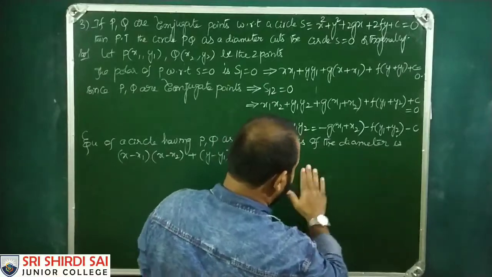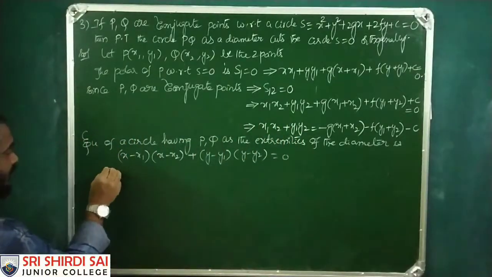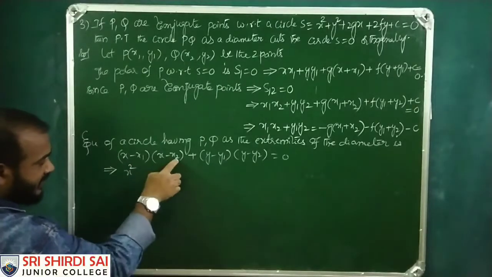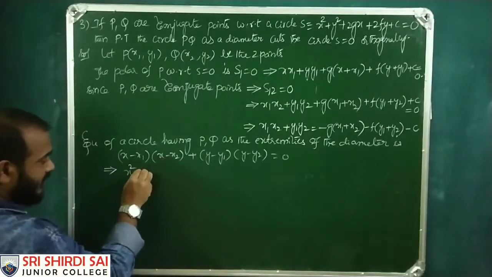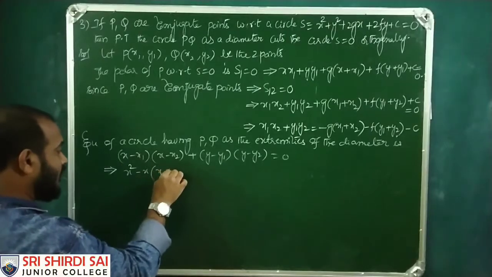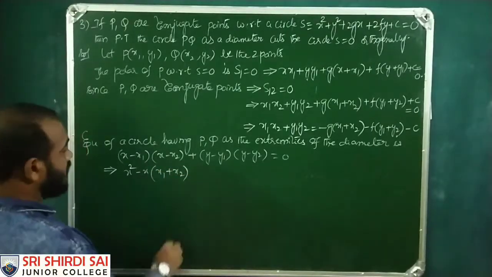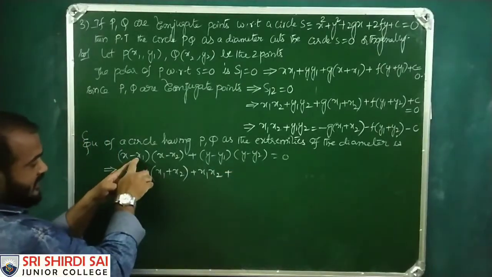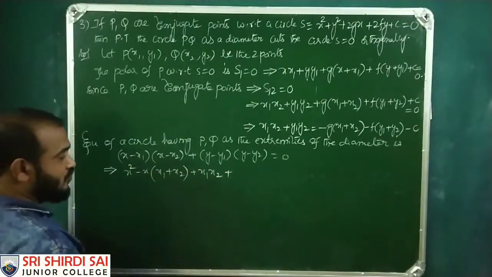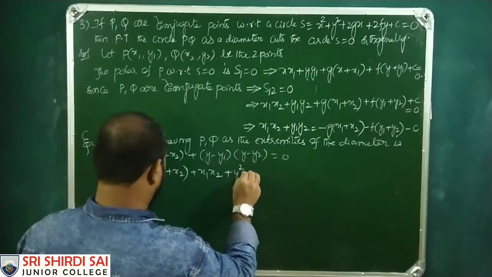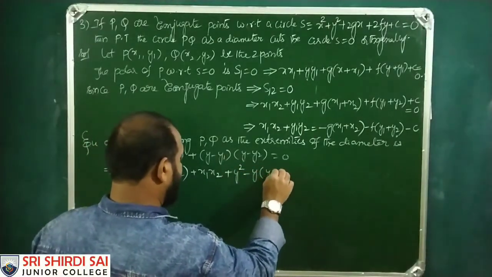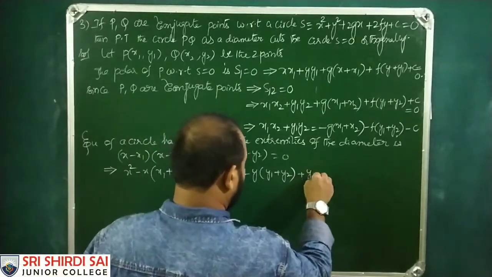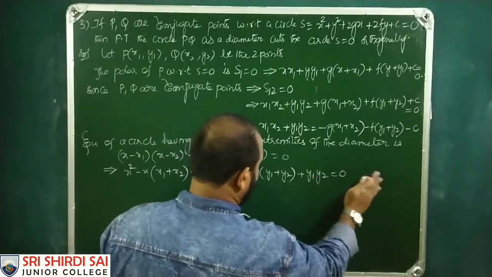Okay, so now that implies x square minus x x2 minus x x1, minus x, if I take common, (x1 plus x2), plus x1 x2, plus y square minus y into (y1 plus y2) plus y1 y2 equals to 0.